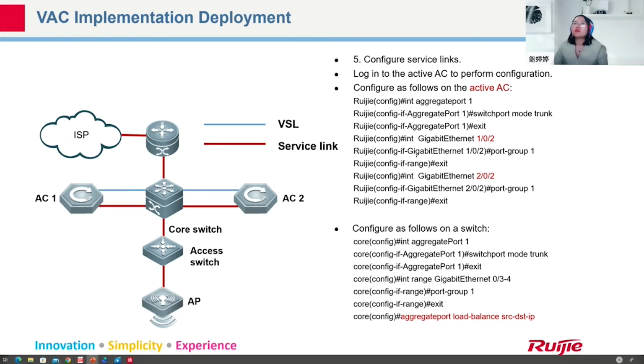And another one is, we said the VAC can provide the load balance function. So the first one you have to create on the active AC, like create the aggregate port, then switch the mode to trunk, and add the first interface 2 into the aggregate port.